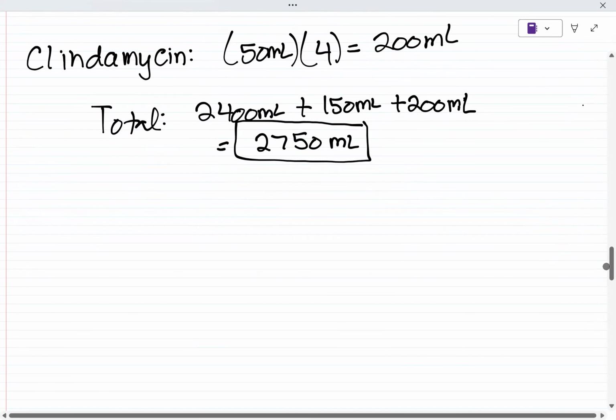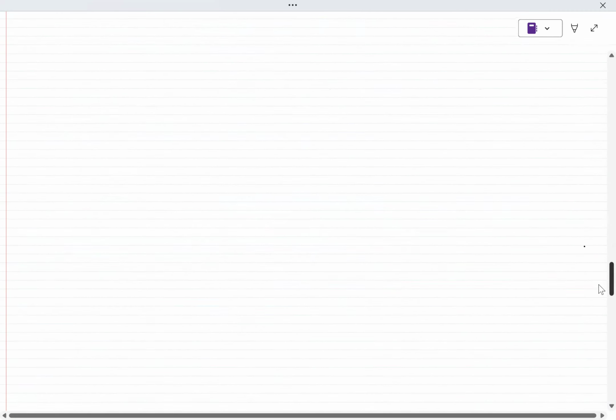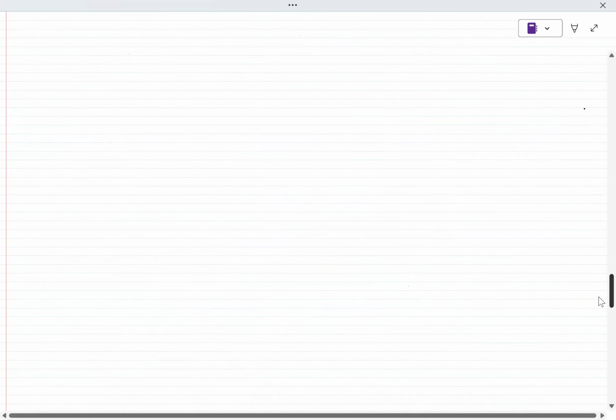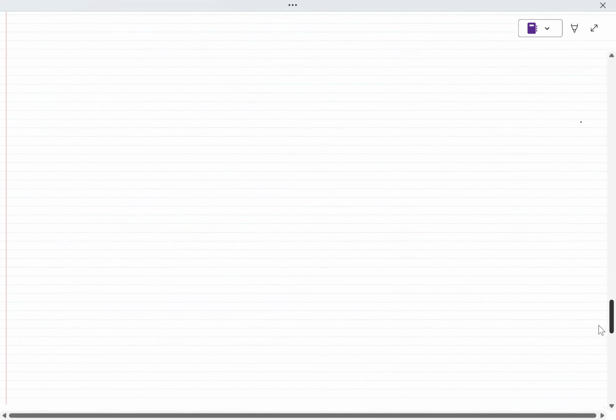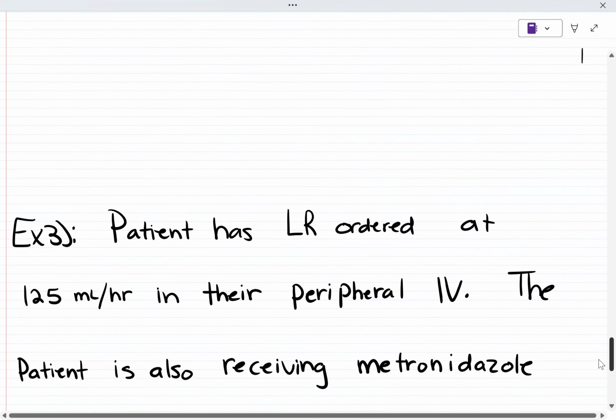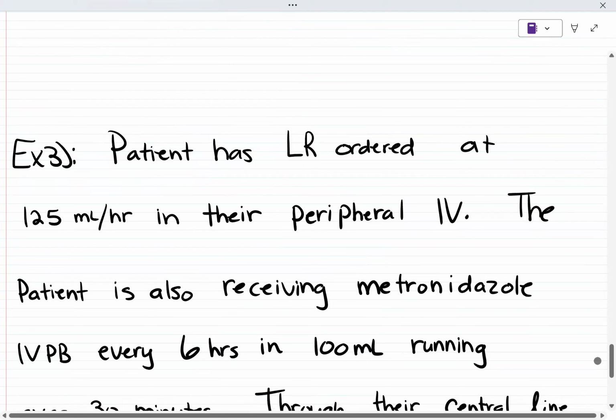Okay, example three, last one. So a patient has an LR, lac, I think that stands for lactated Ringer's, ordered at 125 milliliters per hour in their peripheral IV.